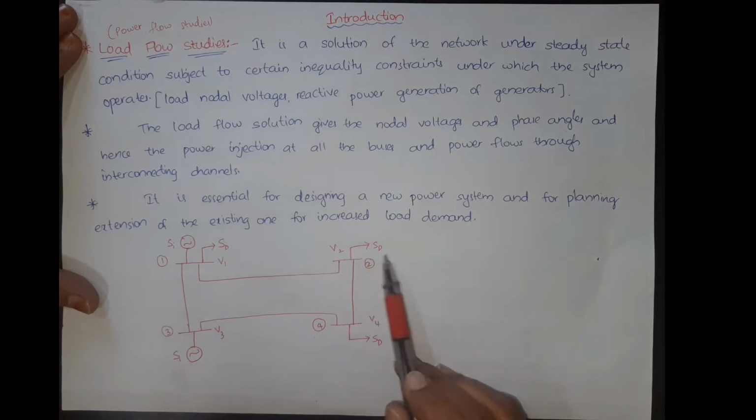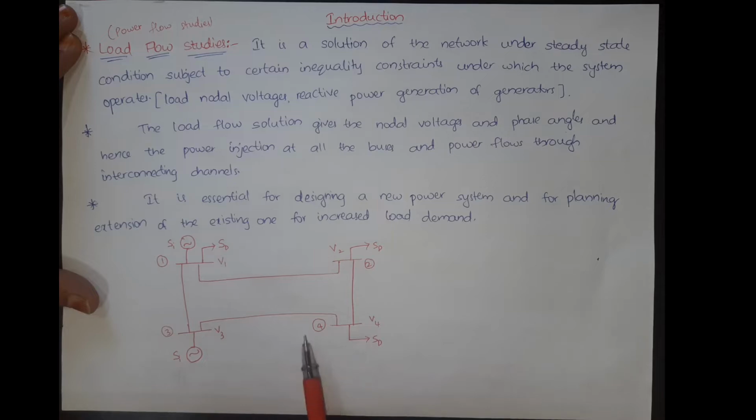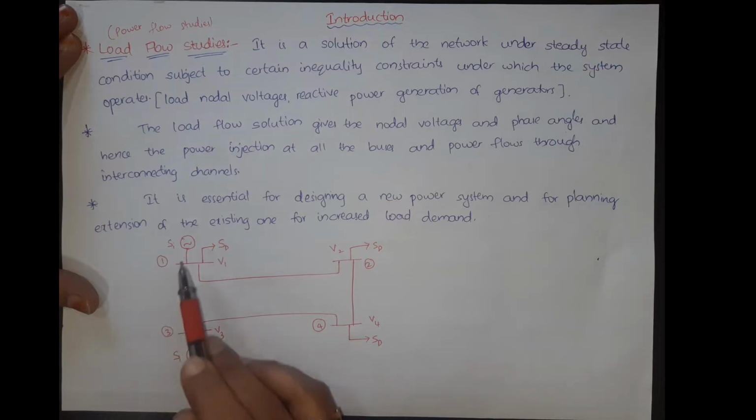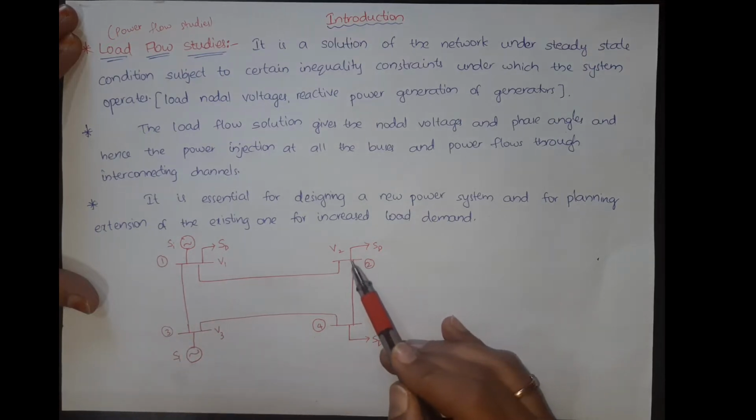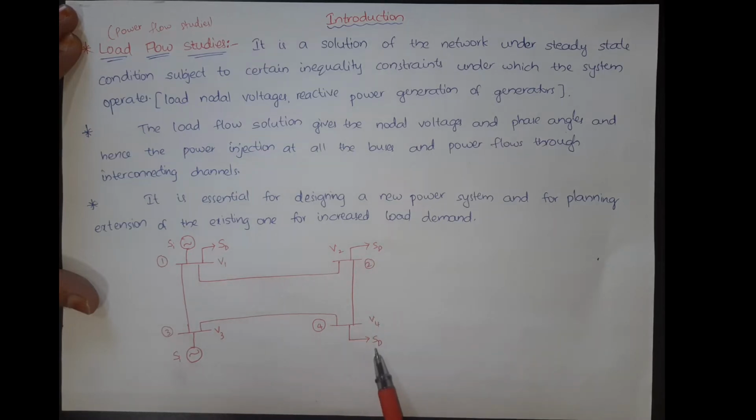At bus 2, I have specified only a load SD. Also at node 4, I have specified only the load. At node 3, I have put a generator. So at 1 and 3, I have put the generating stations, and at node 2 there is a load demand, and at node 4 also there is a demand.